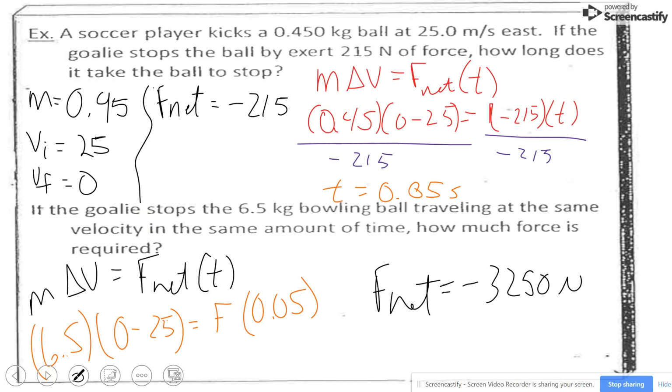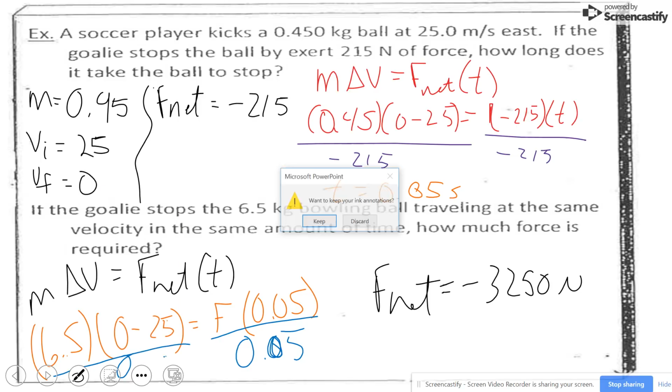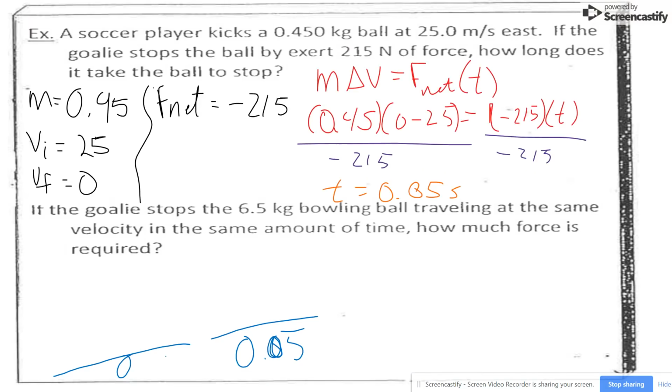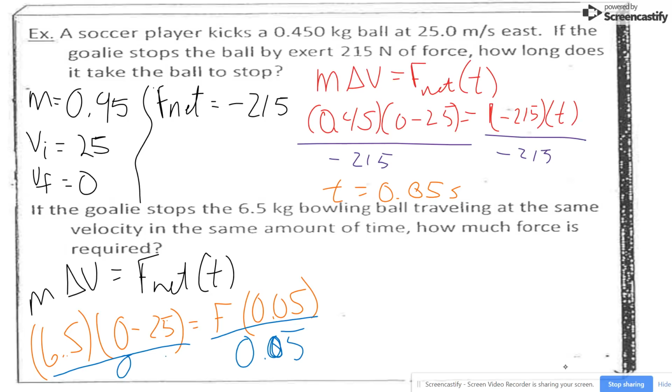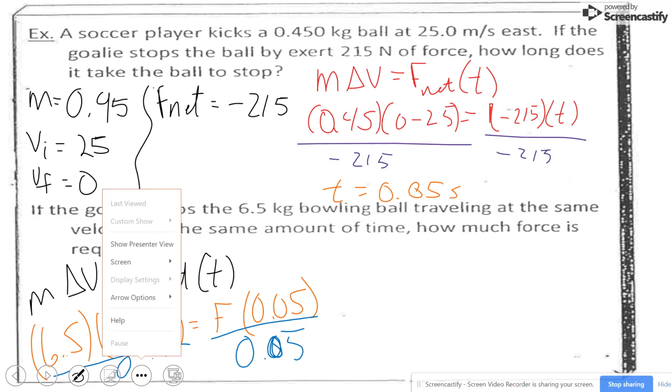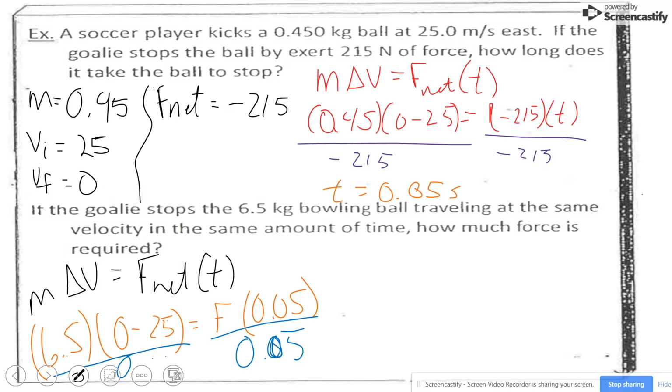Anyways, if we divide both sides by the 0.05, we end up getting negative 3,250 newtons.